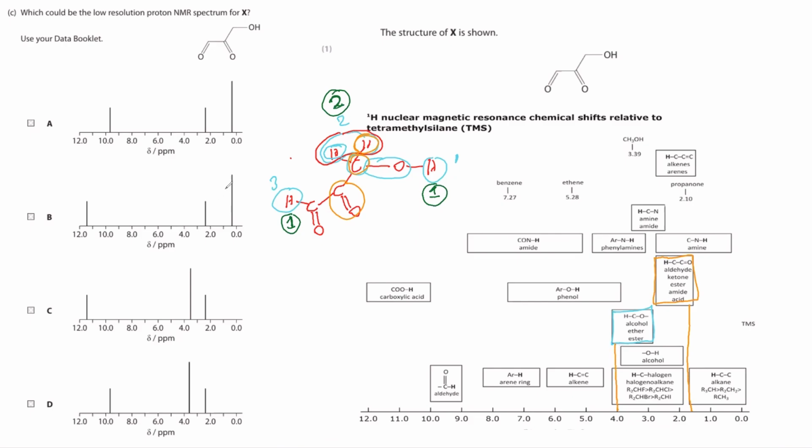Other than 2 and 4 peaks, I'm going to remove them. This is not my answer. This is not my answer. This can be my answer, between 2 and 4. This can also be my answer. In this one, C and D, you can see these 2 peaks are almost the same. So I can only isolate from this peak. What is that peak?